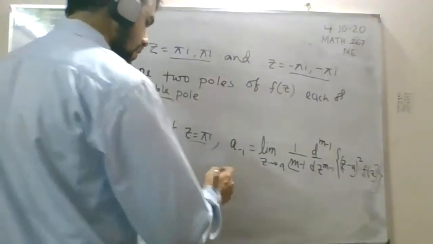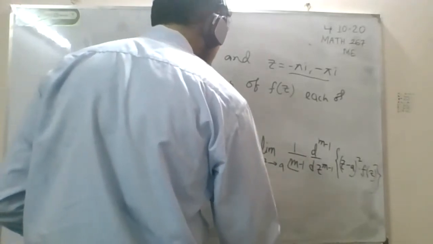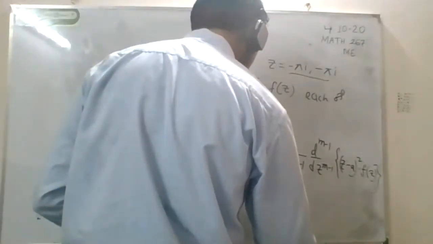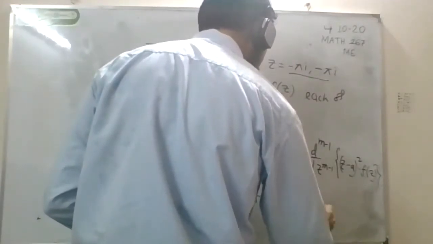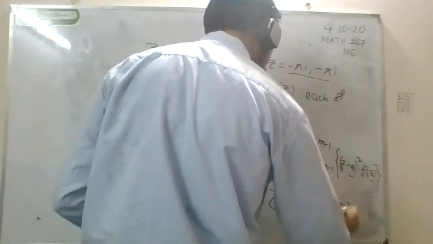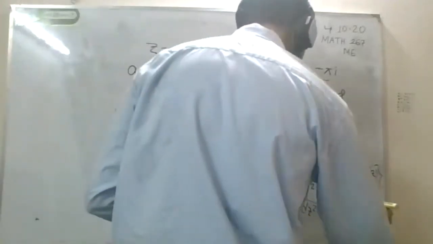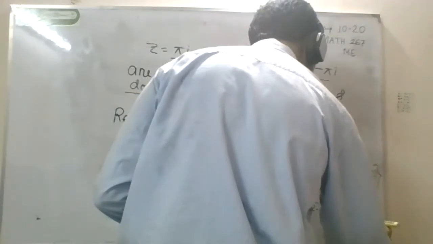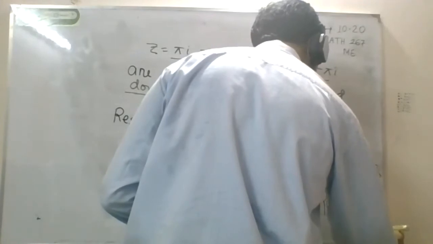Okay, so from here you can say limit z tends to pi I, 1 by 2 minus 1 factorial, d by dz to the power 2 minus 1, z minus pi I whole square, and also f z. So f z here you can write like this: z minus pi I whole square and z plus pi I whole square.